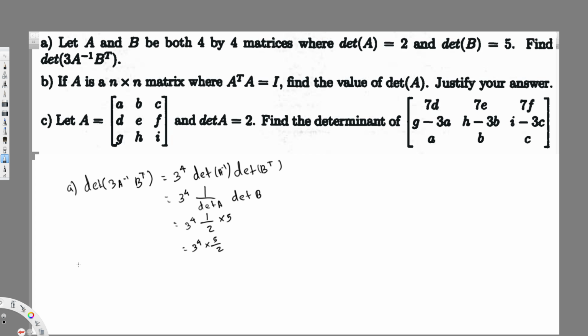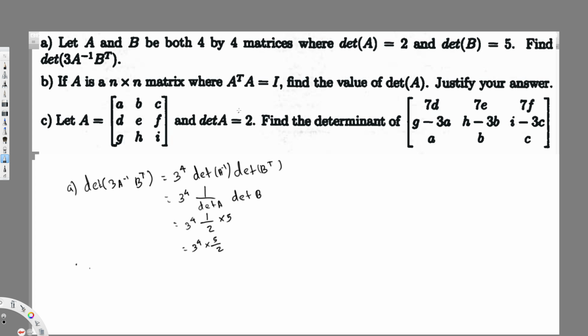Then the second question is asking: if A is an n by n matrix where A transpose A is equal to I, find the value of determinant A. So first of all, I have to make an equation for this.